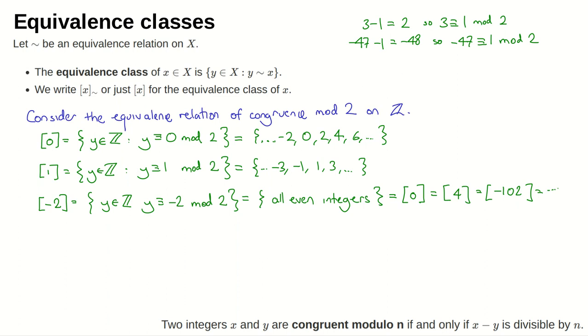And similarly, if we looked, for example, at the equivalence class of 7, well, by definition, that's all the integers y such that y is congruent to 7 mod 2. But since 7 is odd, y minus 7 is even if and only if y itself is odd. So this will be again the set of all odd integers.